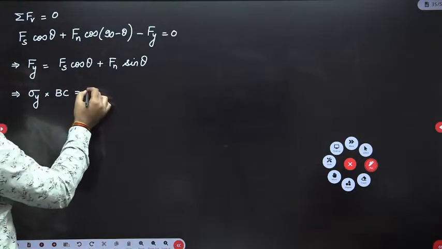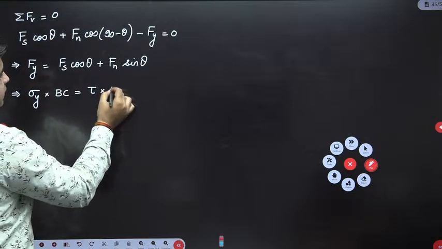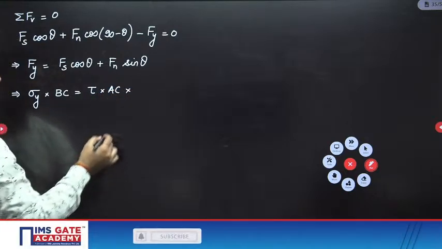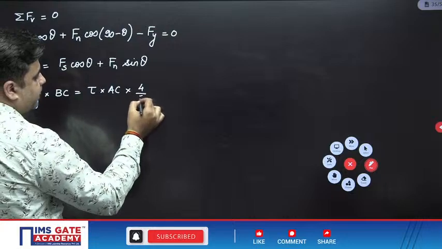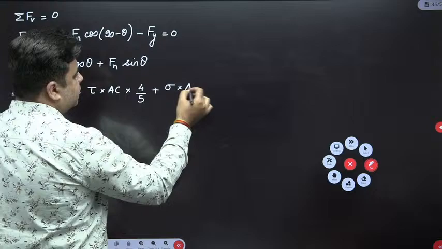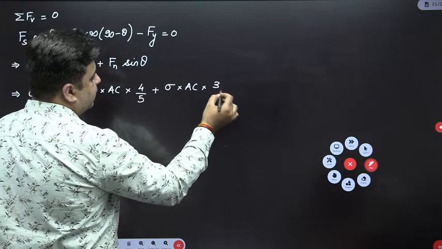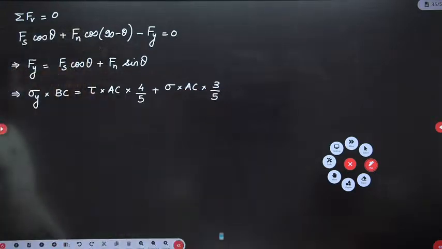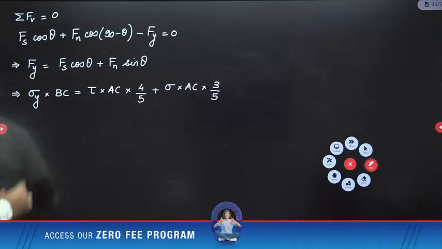This is equal to Fs, which is tau into AC, and cos theta is equal to 4 by 5, plus Fn. Fn is sigma into AC, and sine theta is 3 by 5.